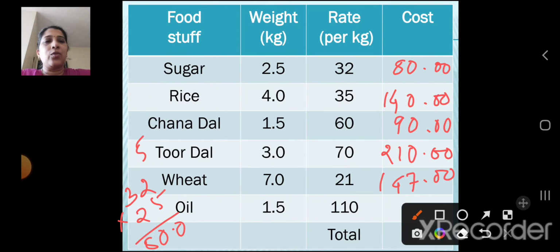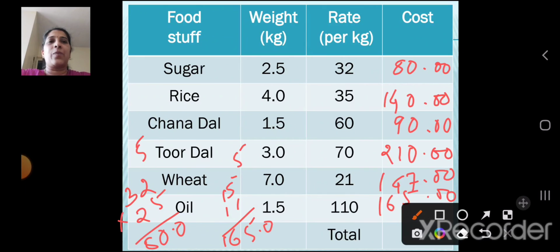So what we can do? 15 into 11. 11 5s are 55. 11 1s are 11. 11 plus 5 is 16. So 165. Right? And this 0. So again one decimal point. So 165. So we got the cost of every foodstuff as per their weight.